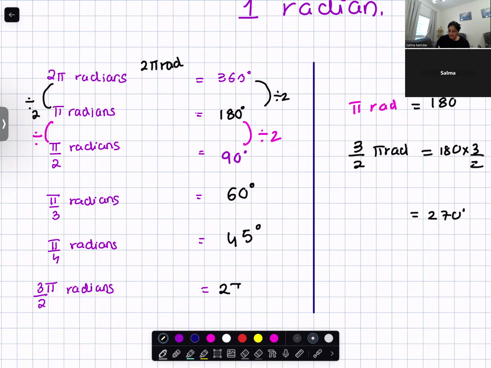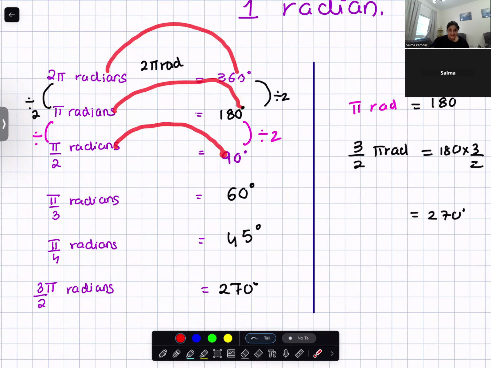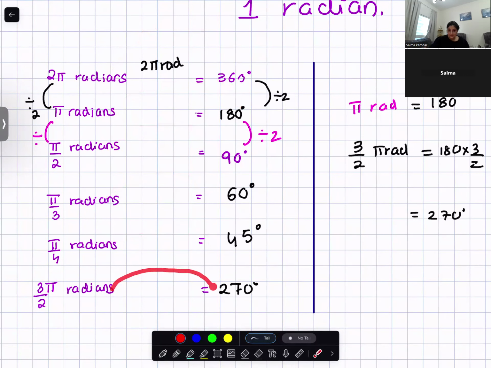So these are the important figures that you need to know. We see 2 pi rad is 360, pi rad is 180, pi by 2 rad is 90, pi by 3 is 60, pi by 4 rad is 45 degree, and 3 pi by 2 rad is 270 degrees.